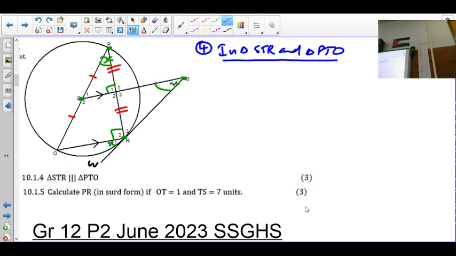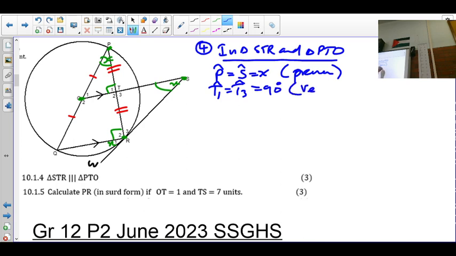So we're going to say that angle P is equal to angle S, which is equal to X, proven above. Okay. Then we know that T1 is equal to T3, which is equal to 90, vertically opposite. You don't have to say the X, you don't have to say the 90 in this case. So therefore, O1 is equal to angle R3. Why? It's the third angle of a triangle. If two angles of a triangle are equal, the third one has to be equal.